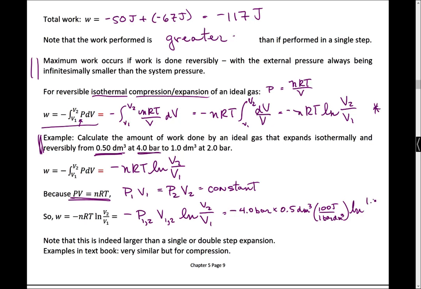So that's going to be 1 decimeter cubed over 0.5 decimeter cubed. And that's basically it. And then the final value that we calculate is minus 138 joules. Okay? And what we see is that this is greater than if we did it in a single step or 2 steps or 3 steps. This is the maximum that we can get out of this particular expansion. Does that make sense?